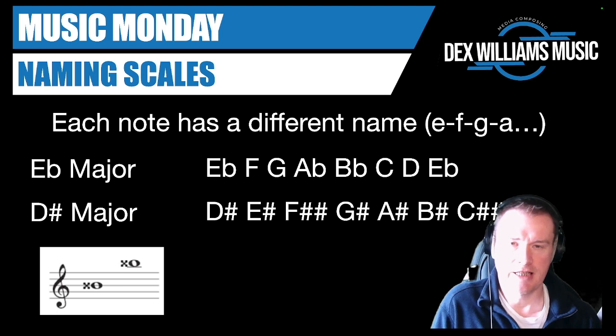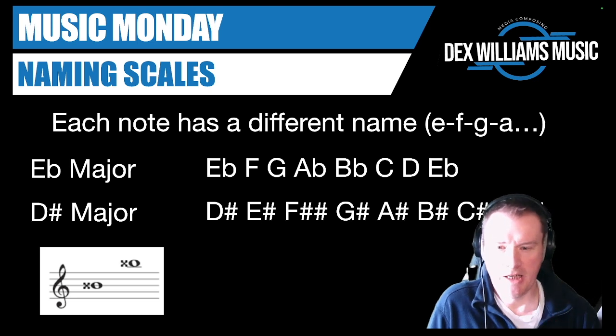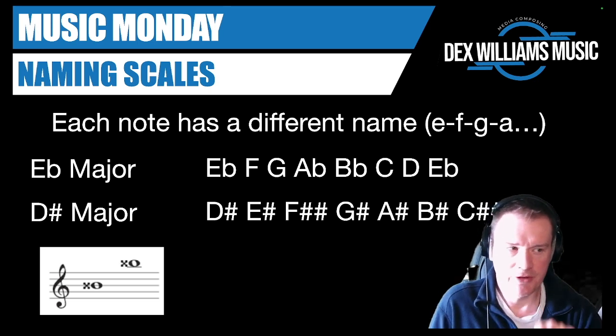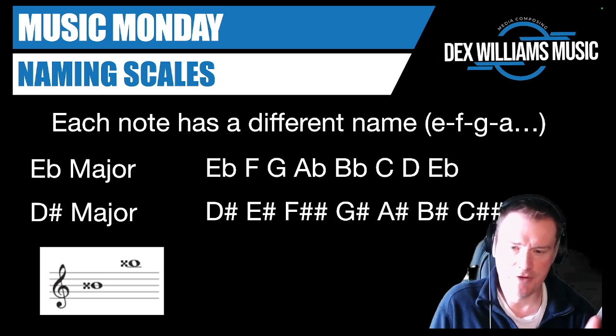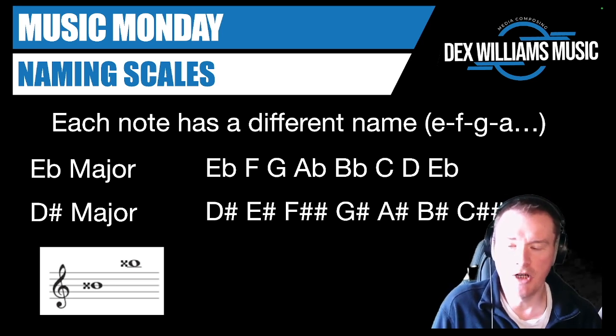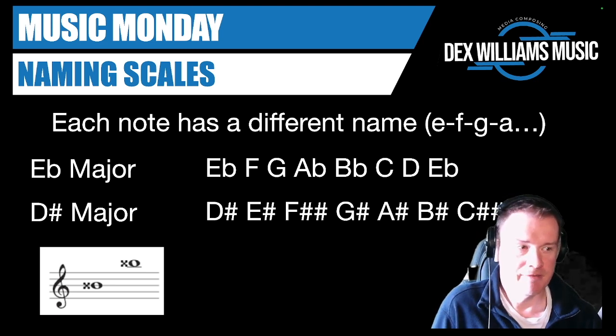The notes are the same, enharmonically, it is the same scale. But bear in mind that when you're writing down the scales, they do go sequentially. So if you start on an E, the next has to be an F, G, A. If you start on a D, it has to go E, F, G. That's why double sharps were invented. I didn't make the rules up. This is just music theory.